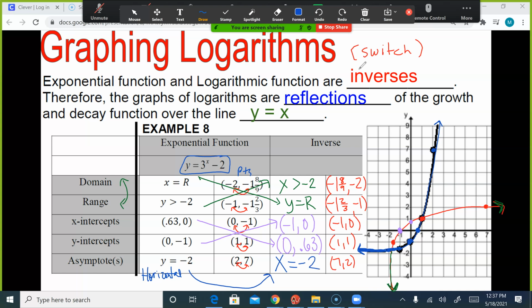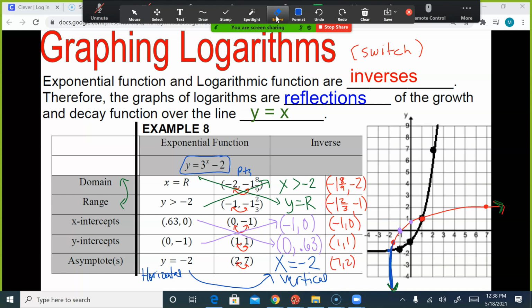So x equals -2, which is a vertical line. So again, instead of this line going flat, it goes vertical right here at -2. So that's the graph of the logarithmic, not this one, I'm going to erase this one. This original one was the exponential. The red one is now the graph of the log.